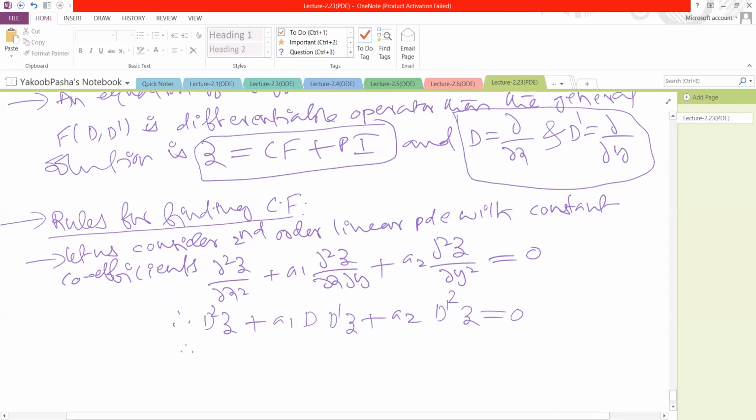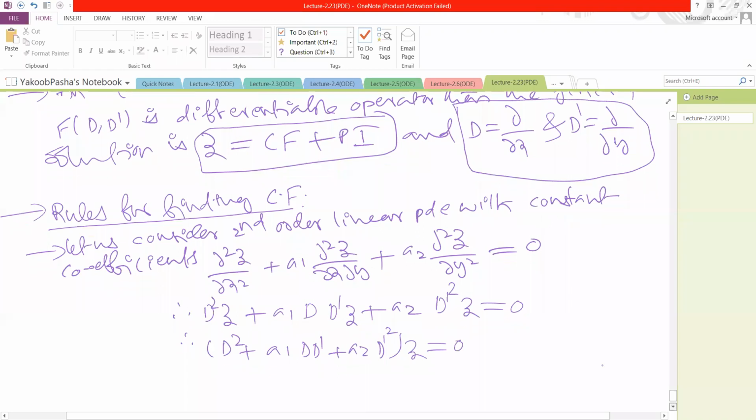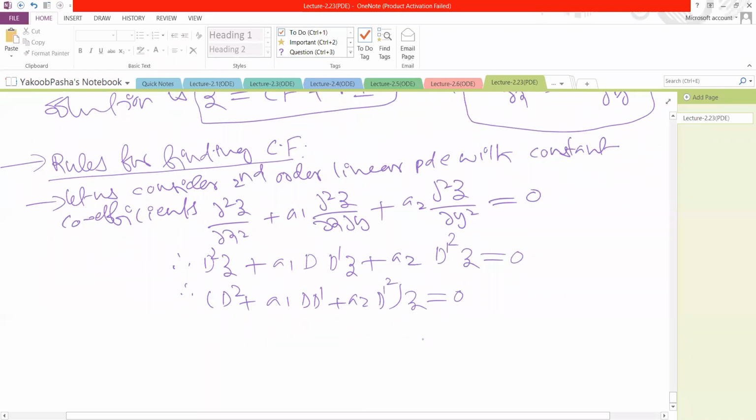So we can take z as common: d square plus a1 d d dash plus a2 d dash square into z is equal to 0. We can consider this as a homogeneous equation. We can divide the entire equation by d dash square.